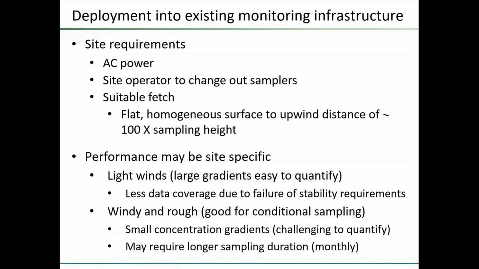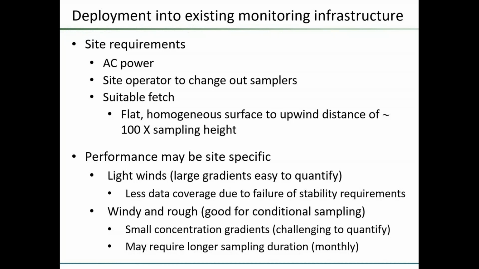So if we're measuring 2 meters above the sagebrush field, then we need an upwind fetch of 200 meters where the vegetation is homogeneous and the surface is flat. That's a pretty strict site requirement when you compare that to site requirements for just a concentration measurement. So we're not going to be able to do this at every site in the CASTNET network or the NTN network or AMoN network, for example. So there are some important site considerations.